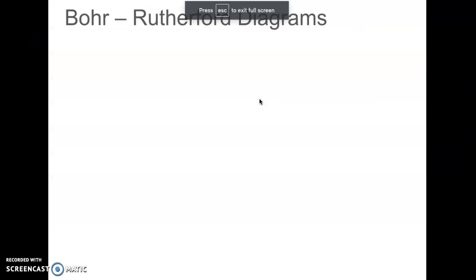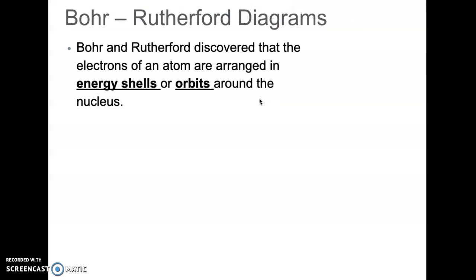So Bohr-Rutherford diagrams. First, a little bit of history before we get to how we build these. Scientists Bohr and Rutherford independently discovered that electrons of an atom arrange themselves in energy shells, which look like orbits around the nucleus.